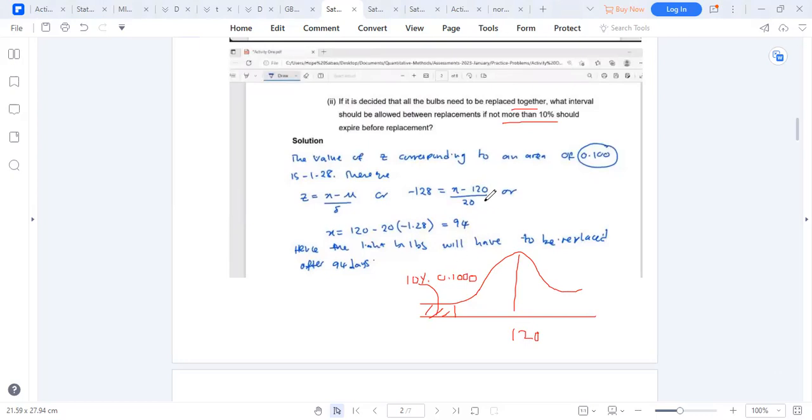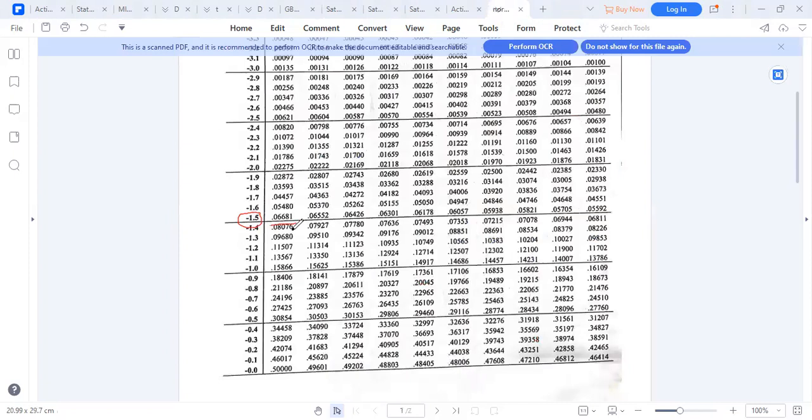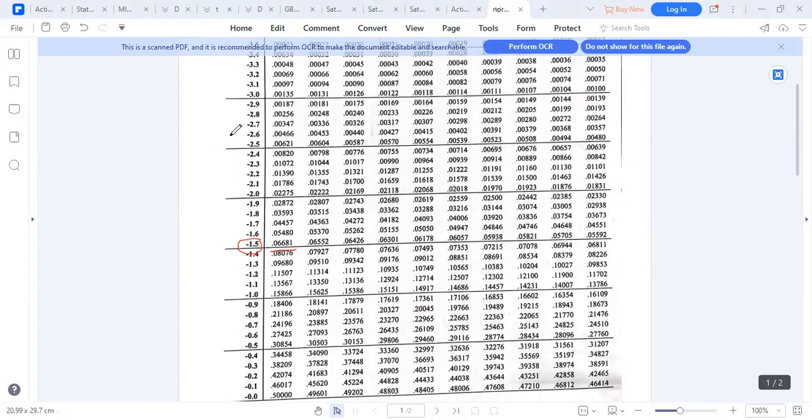So we'll go into the table and check for 0.100 inside the table. So 0.100 is going to be found as follows. Let's check for 0.100 in there. It's 0.5000 on top there.